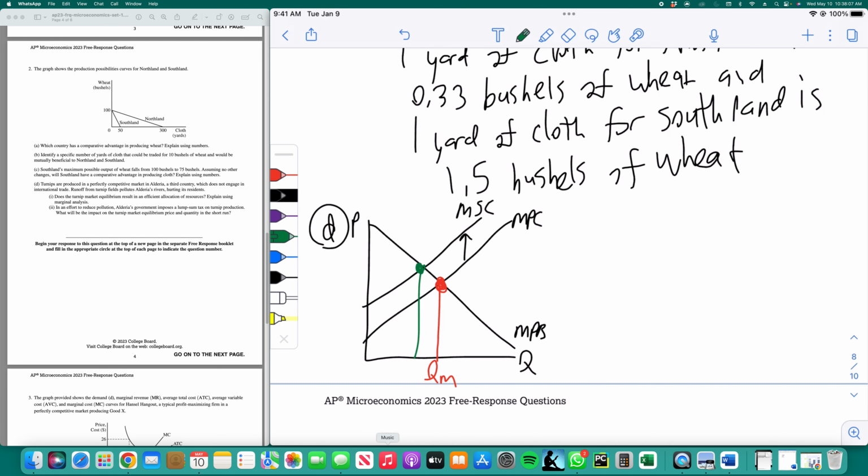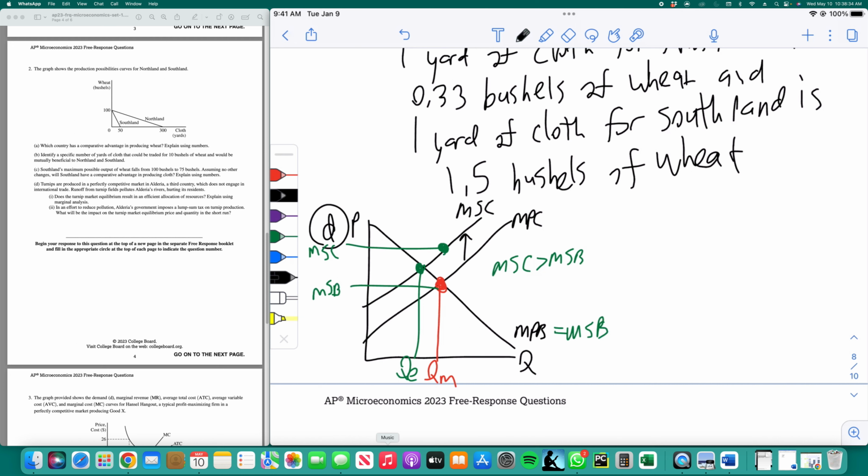Here, that is efficient. And the reason it's not efficient is because your marginal social cost is up here, but your marginal social benefit is down here. So in this example, your marginal social cost is greater than your marginal social benefit. So that is why it is not efficient.